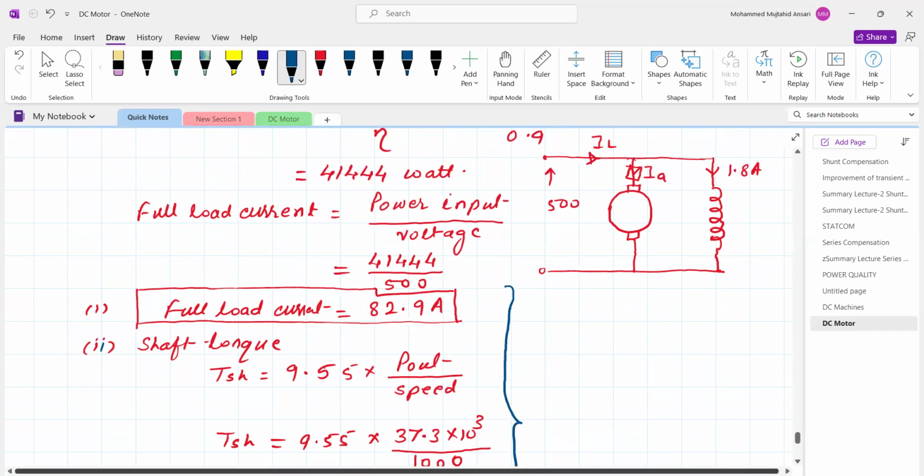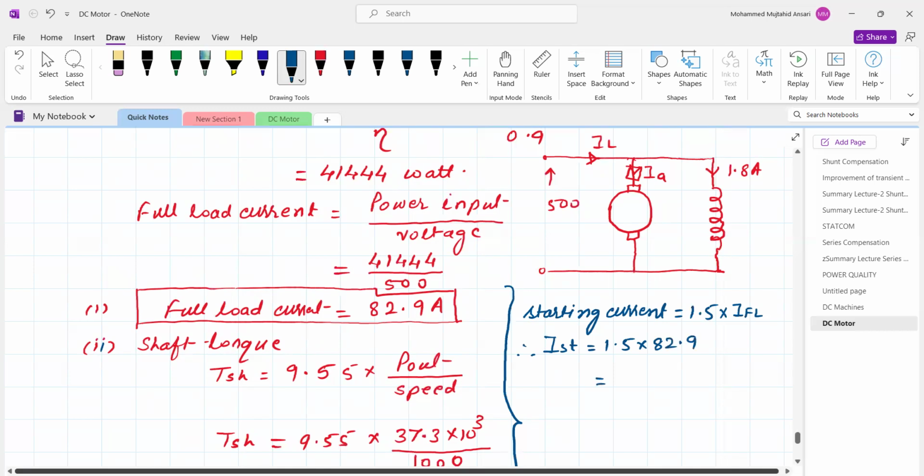So the starting current must be equal to 1.5 times full load current, IFL. So the starting current is equal to 1.5 multiplied by the full load current, 82.9.